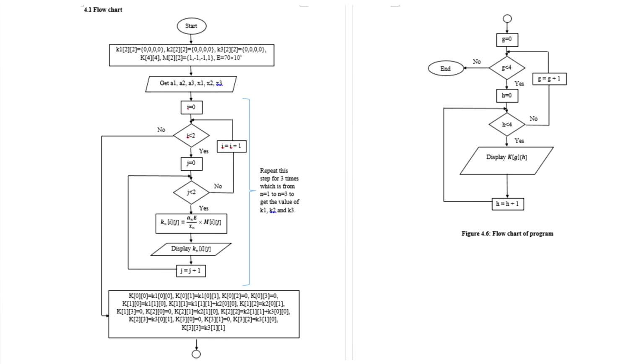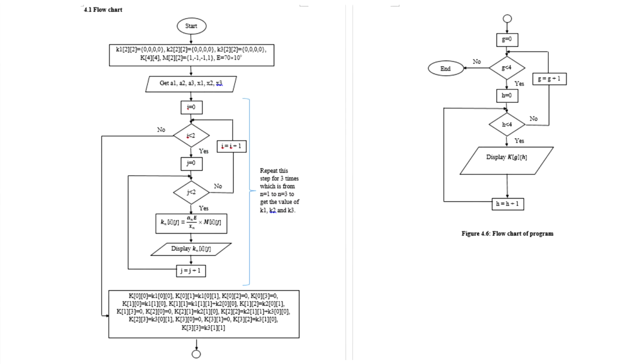If the condition is correct, we can jump to the formula Kn equal to AE over X times matrix.